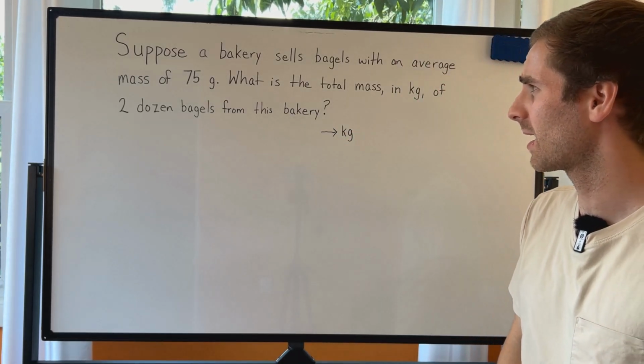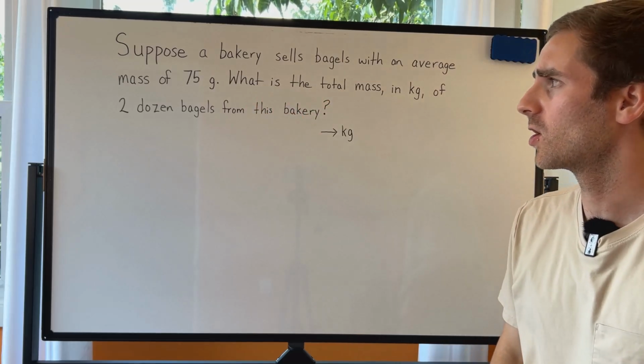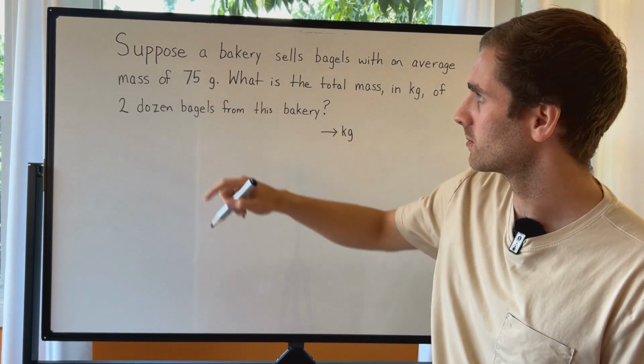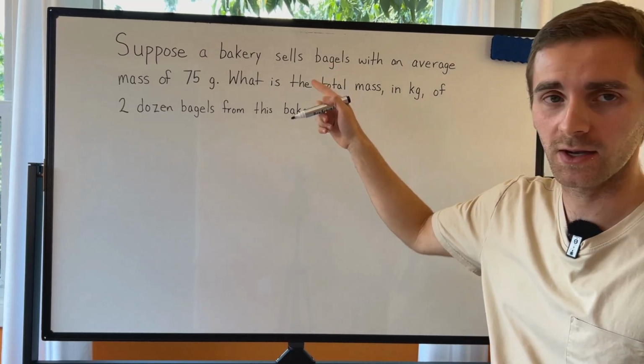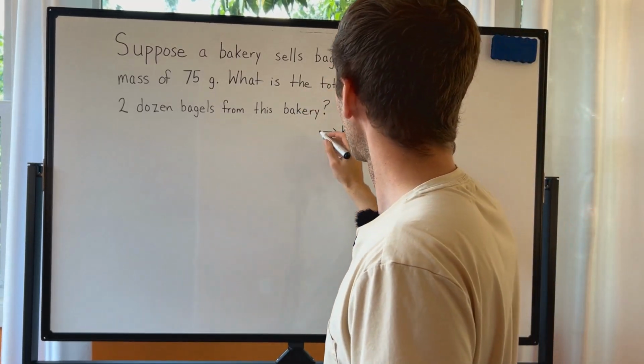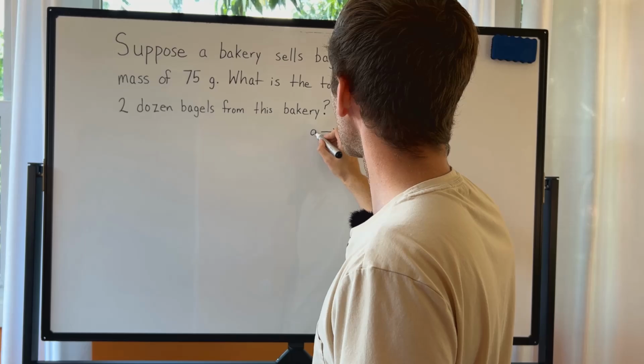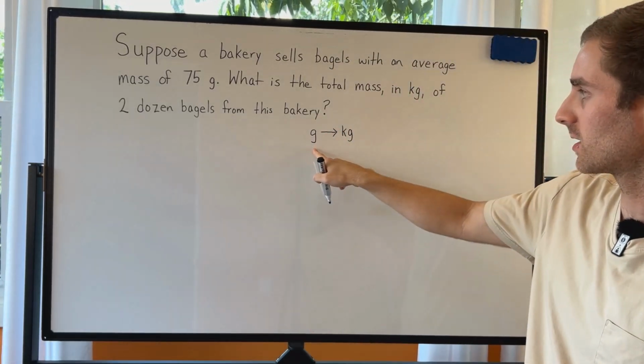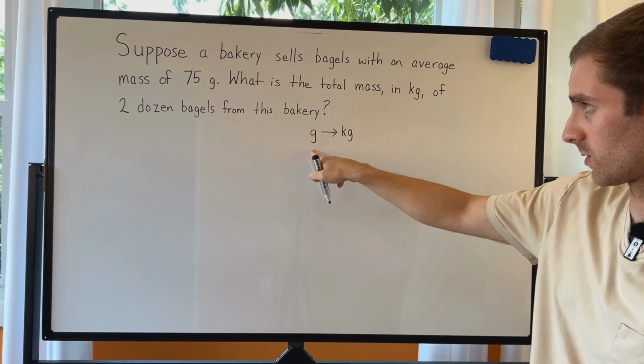And if we think about what we know in this problem, we know the mass in grams of one bagel on average. So it seems like that's probably how we're going to get to kilograms, is find the total grams first.